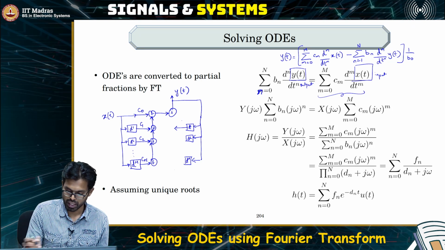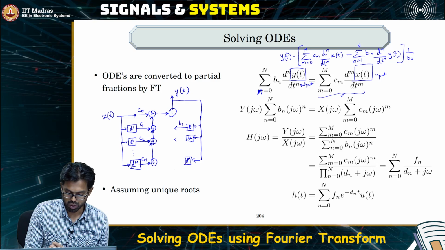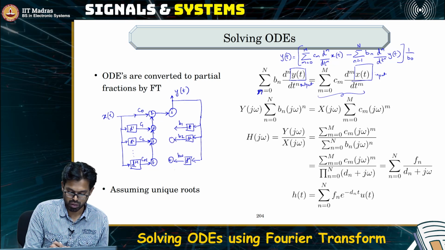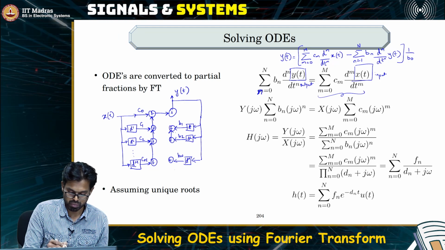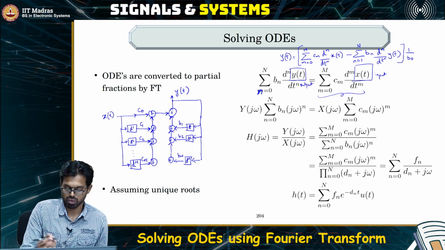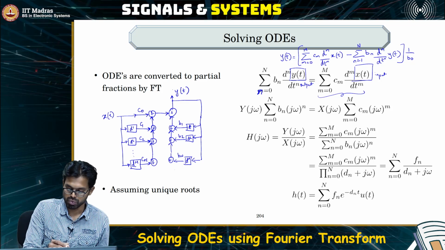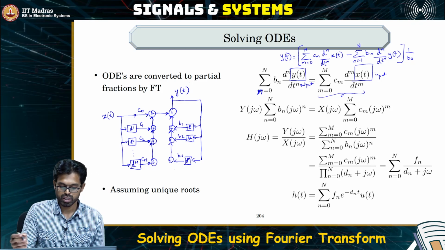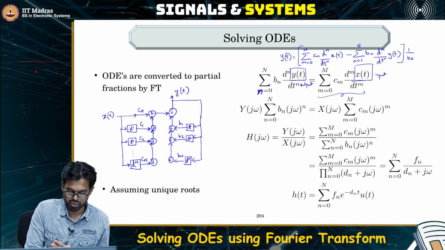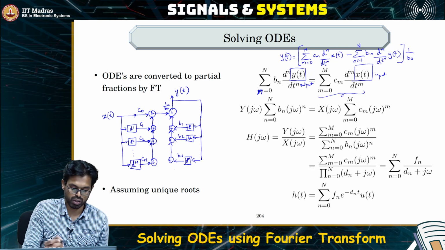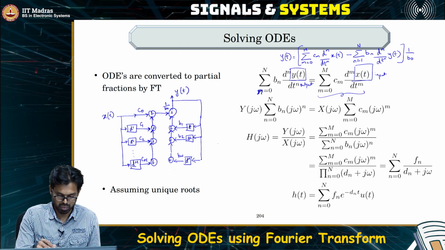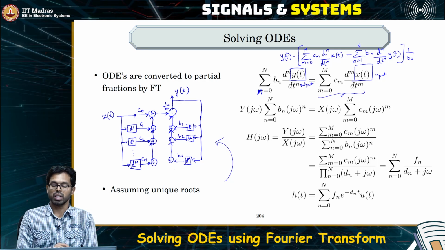Now scale them accordingly, b1, b2 up until bn, sum them up and add together. Finally, before you take the output, of course, there is a scaling factor of 1 by b naught. So this differential equation represents a system whose block diagram looks like this.